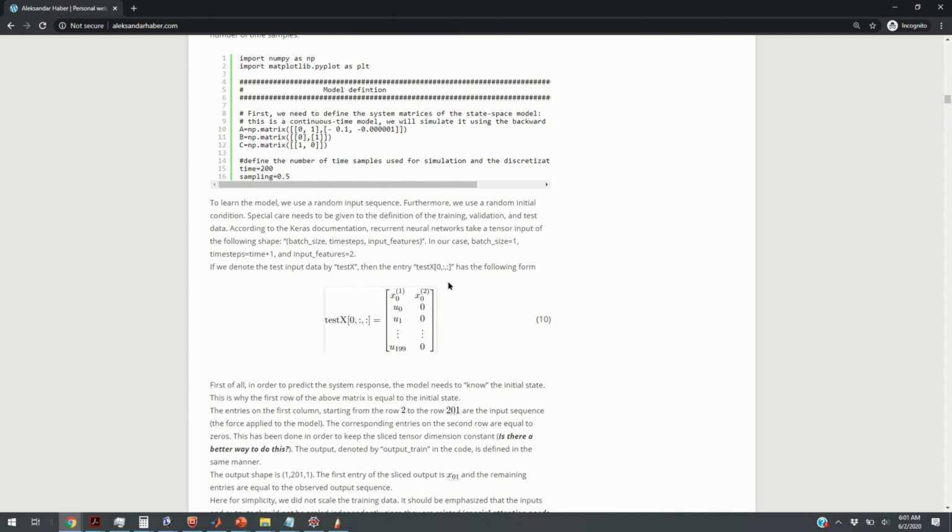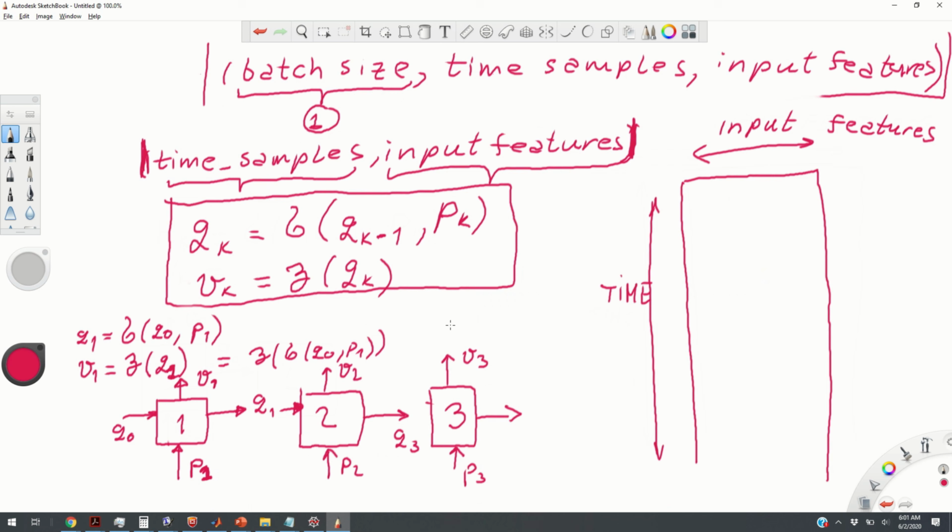Here they are, this is our input matrix or tensor. We are going to have U0, U1, U2 until U199, since Python indices start from 0.